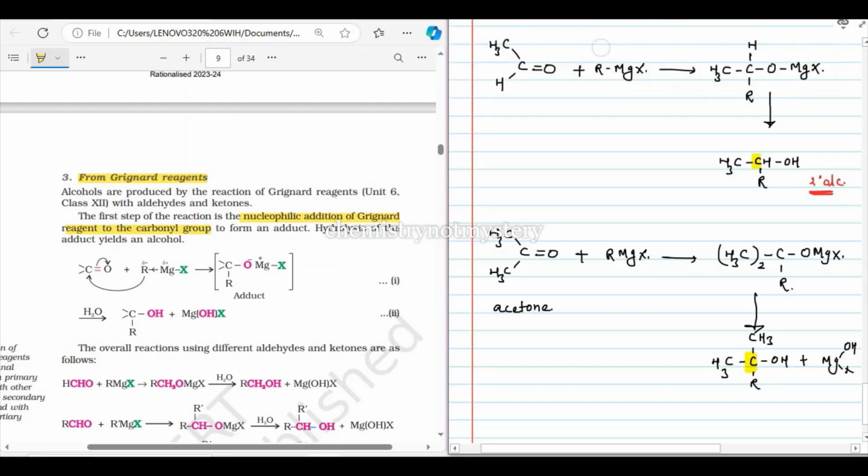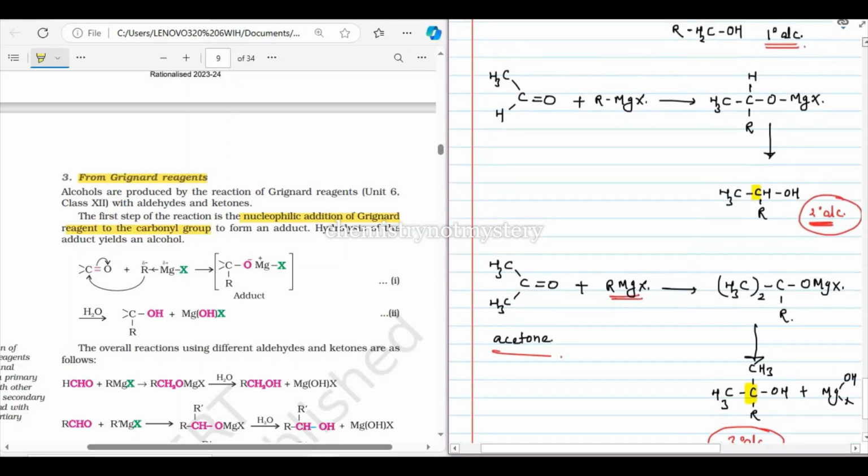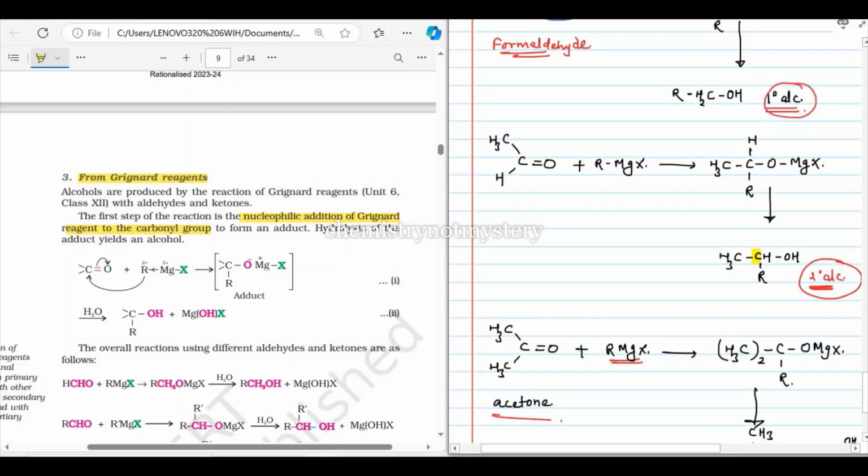So that's why the formed alcohol is a tertiary alcohol. Means when a ketone reacts with RMgX, it results in the formation of tertiary alcohol, while any other aldehyde, when it reacts with RMgX, results in secondary alcohol. Only formaldehyde gives the primary alcohol on reacting with RMgX.